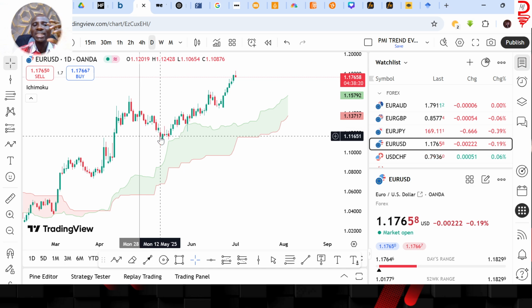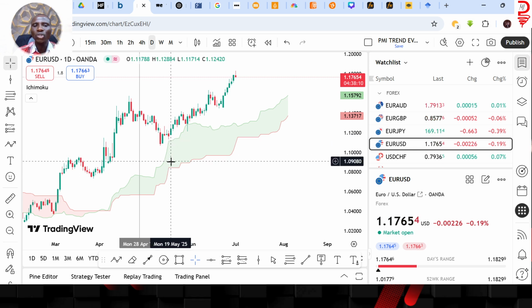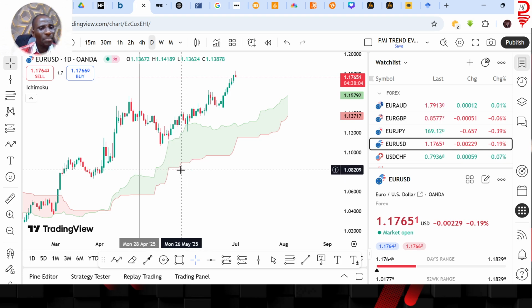If you're on the daily time frame and the structure is saying sell, please do not buy for whatever reason. And if you are on the daily time frame and the structure of the market is saying you should buy, do not sell for whatever reason. Let me repeat this.